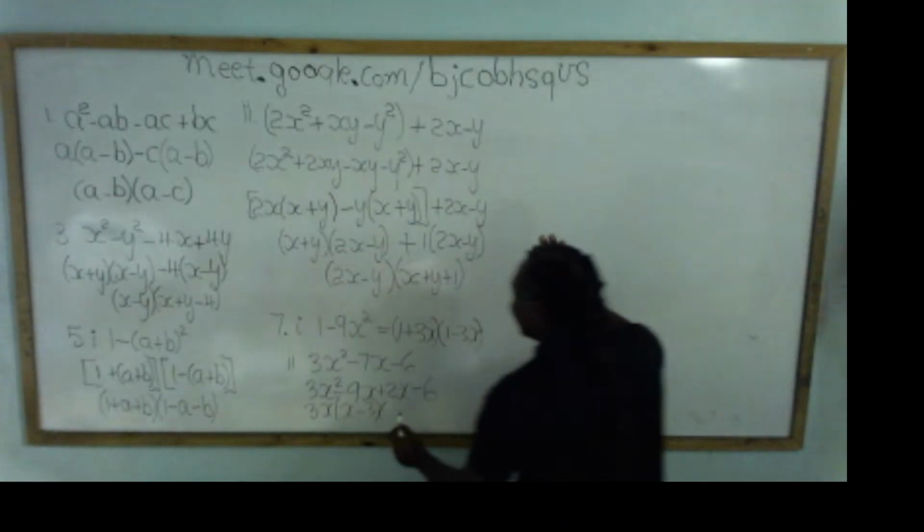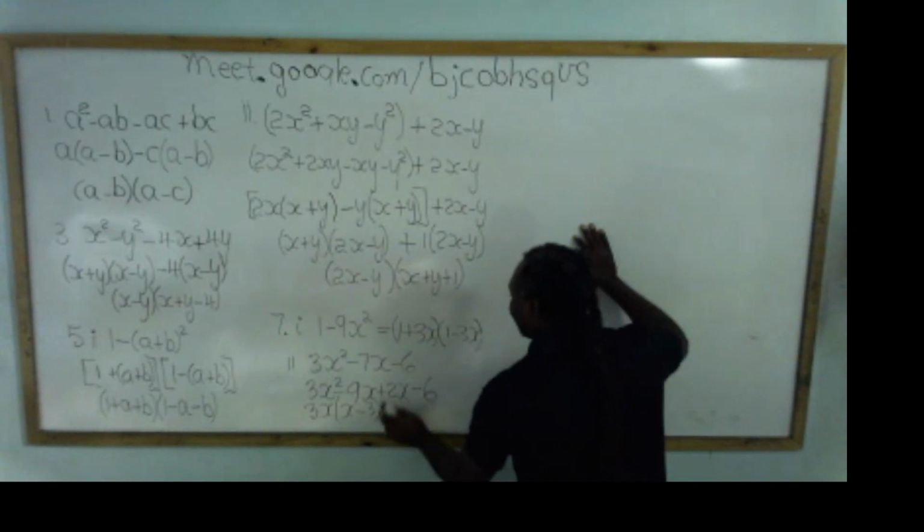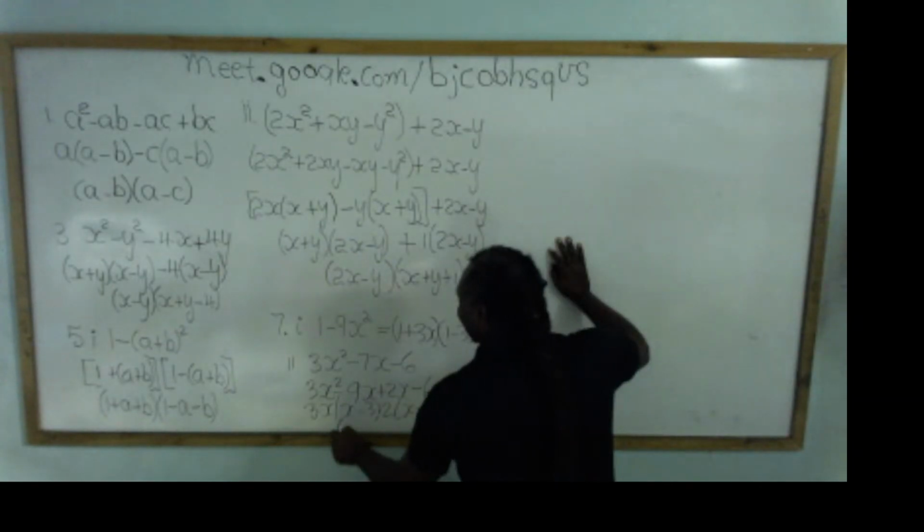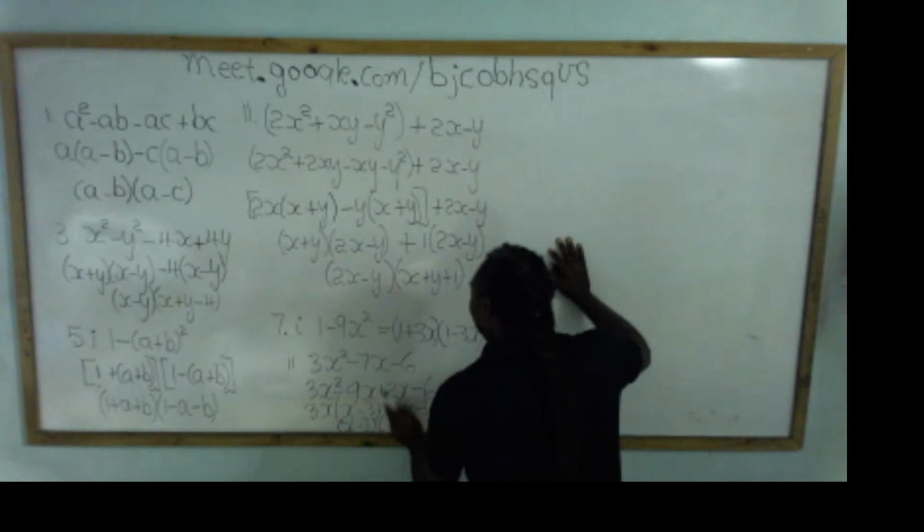And in this case, 2 is the common factor, x minus 3. So when we are through, we should get x minus 3 with 3x plus 2.